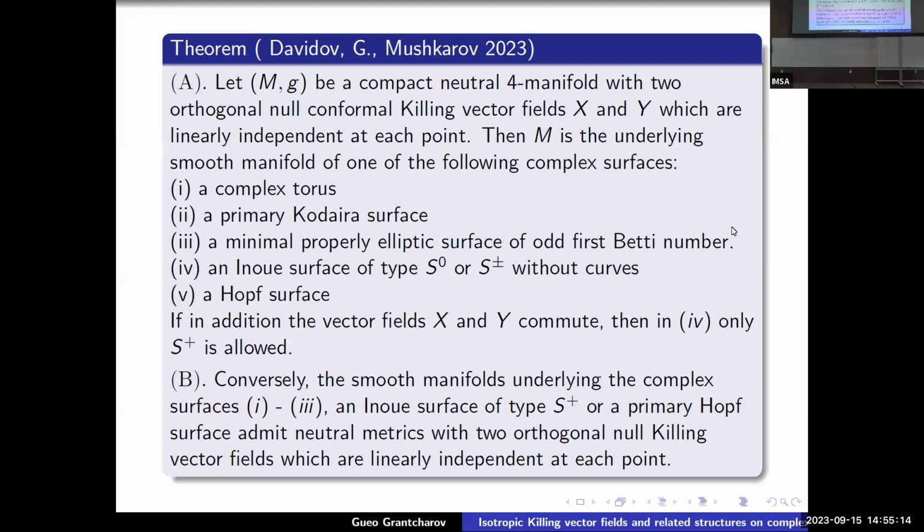And the interesting point, the difference from the positive case, is the converse. If we take the list here, we see that all in this list 1 to 3, including some of these types and some of the Hopf surfaces, do admit a metric and this type of vector.